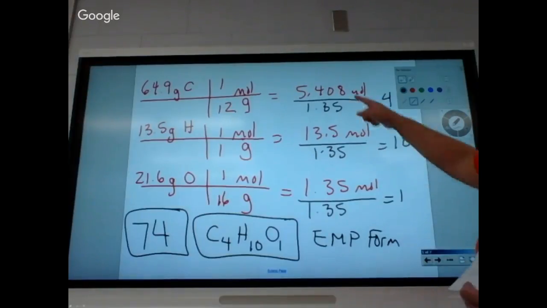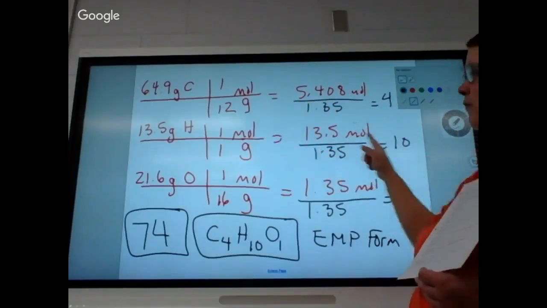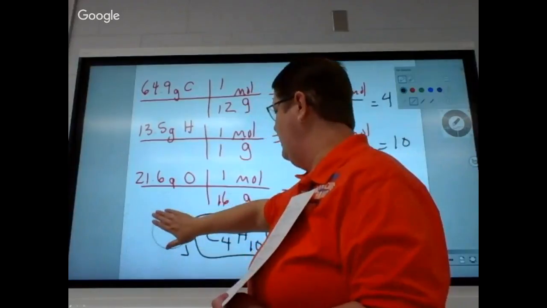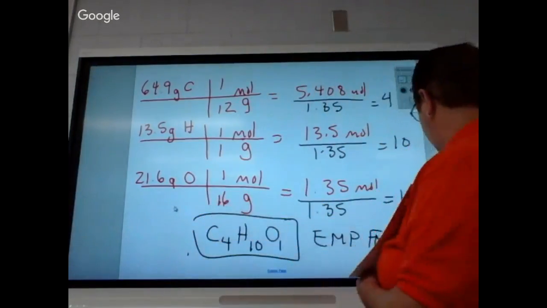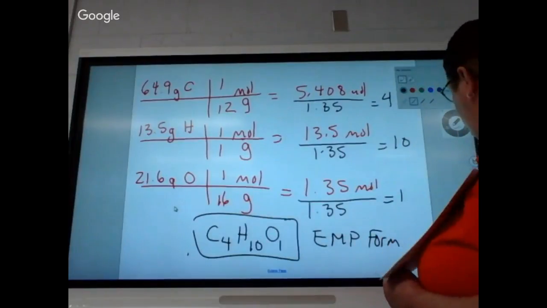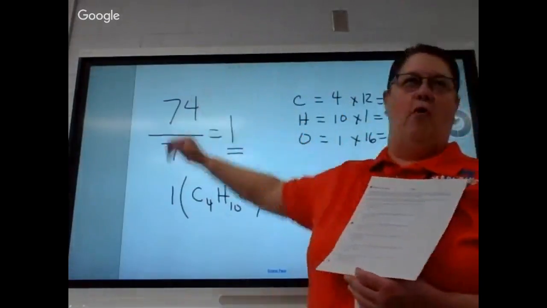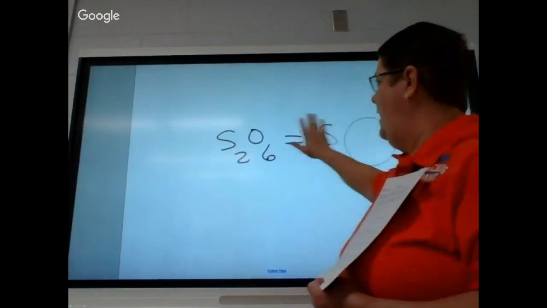Now, you have to show me your work. I need to be able to see all of the work for the empirical formula. I should see your answer boxed in, labeled empirical formula. Then I should see your work showing me your empirical formula, okay? Then you have to write its name.